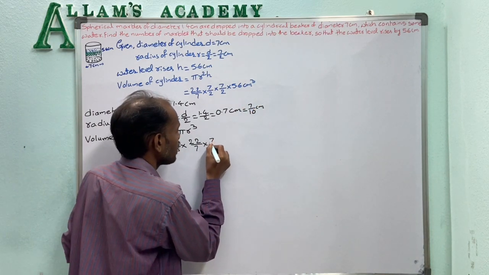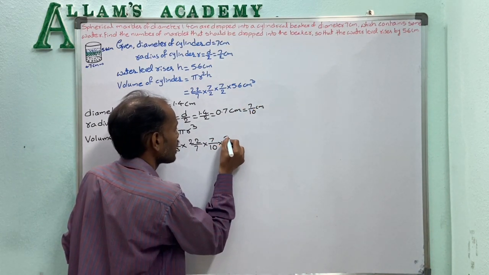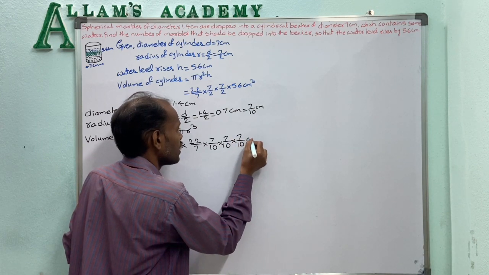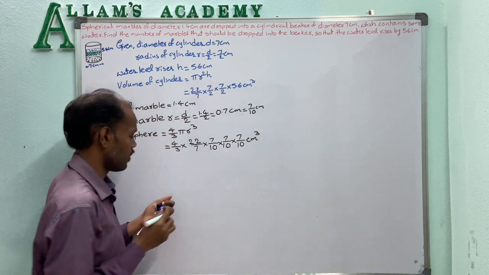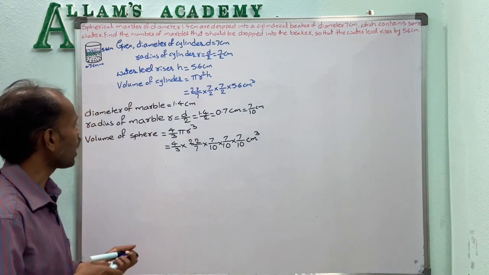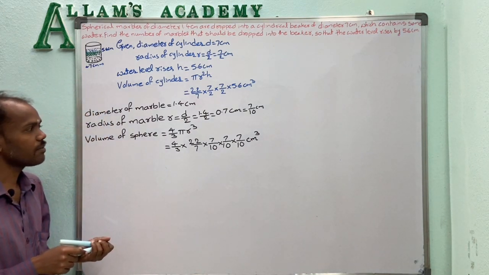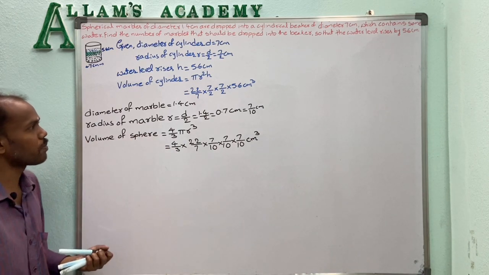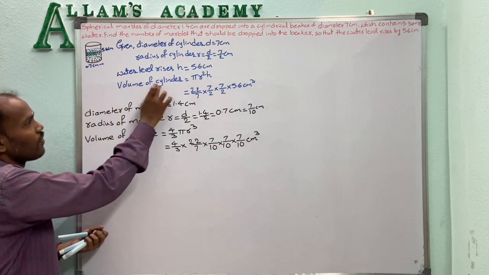So 7 by 10 into 7 by 10 into 7 by 10 centimeter cube.